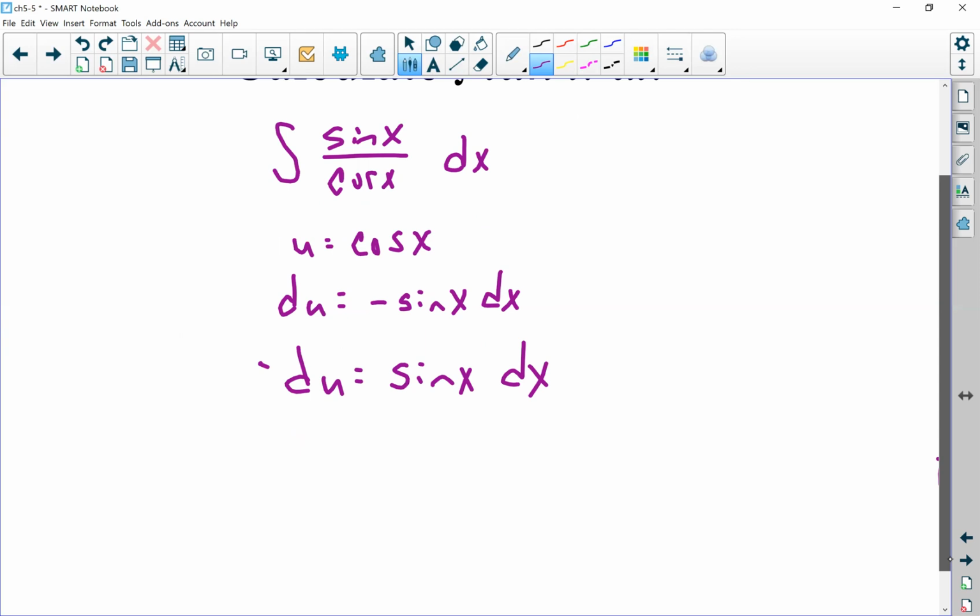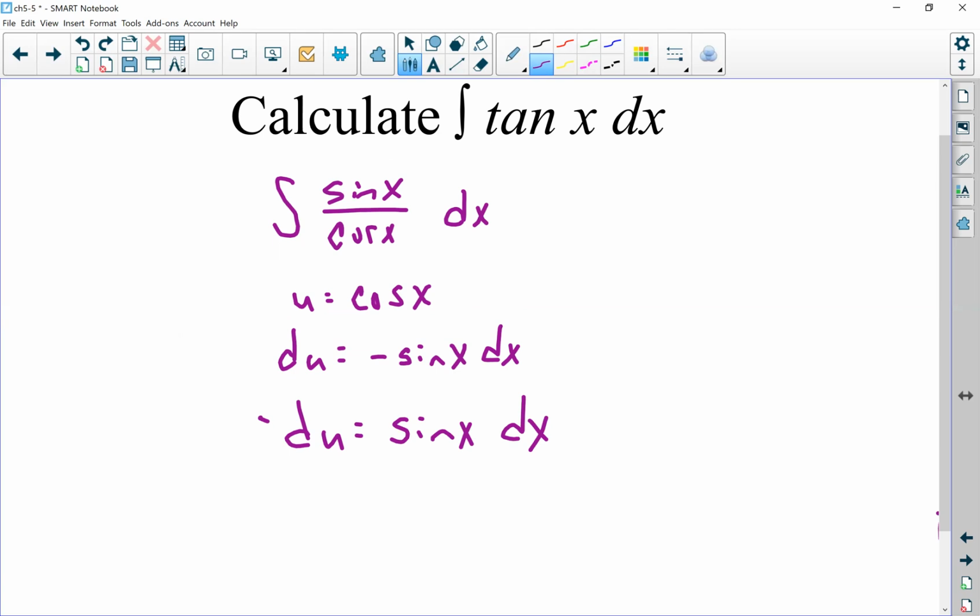So my substitution, I'll get a negative. The sin x dx gets replaced with the negative and the du.